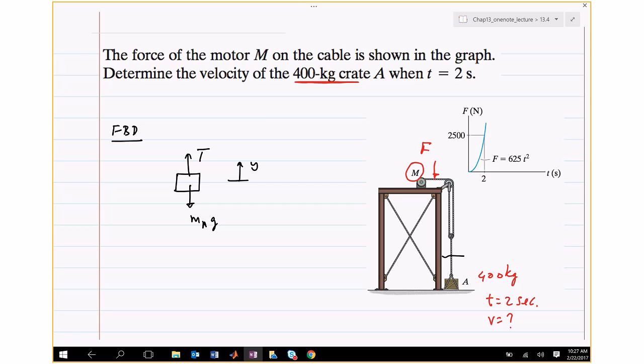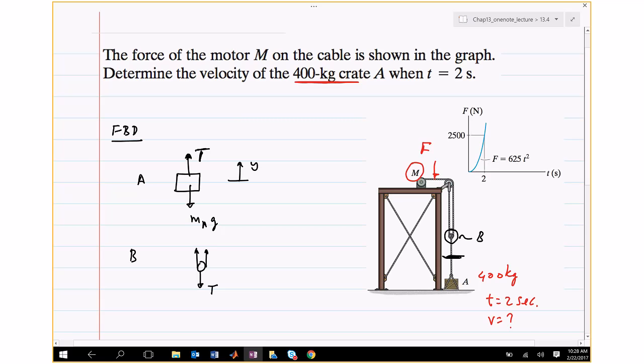So if I want to find T, I need to draw a free body diagram for this pulley. Let me call that pulley B. So for B, there's tension acting in this direction, because here you can see that the tension was acting in the upward direction. Since the cut is made here, the tension for that pulley is acting downwards.